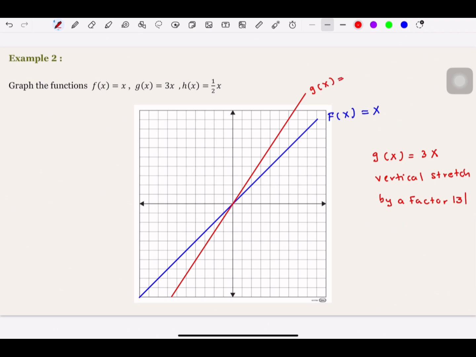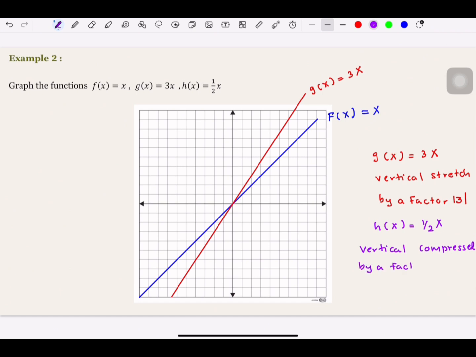Now let's take the other function, h of x. Here I have taken h of x as half multiplied by x. This time we are multiplying f of x by half. So this is going to be a vertical compression, by a factor of half.